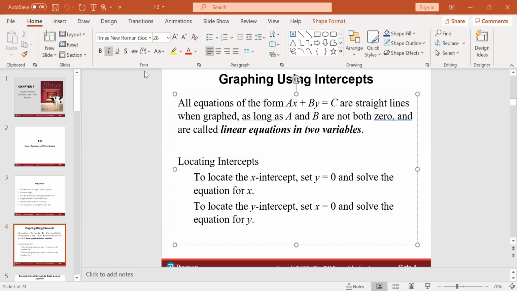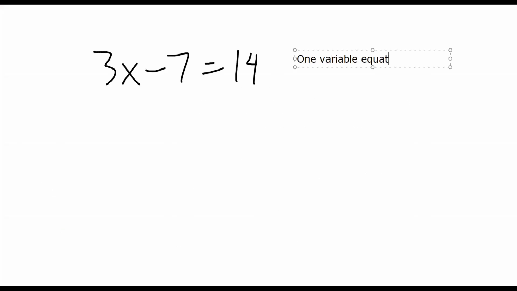So some examples of this. Here's a one variable equation. All you have is x.